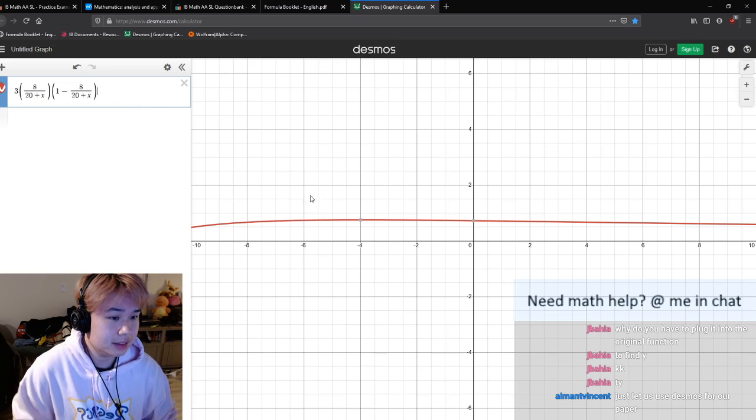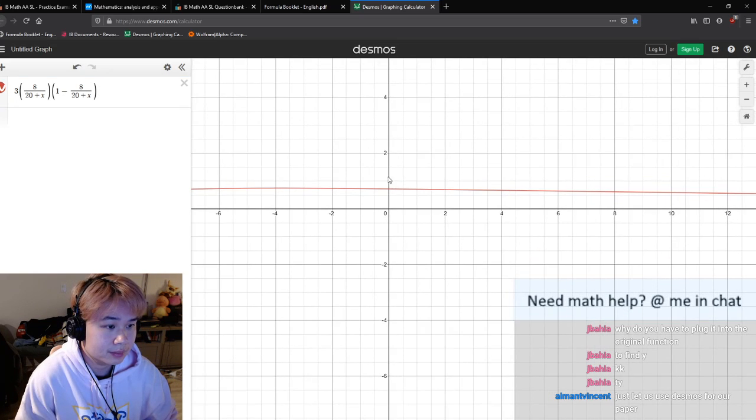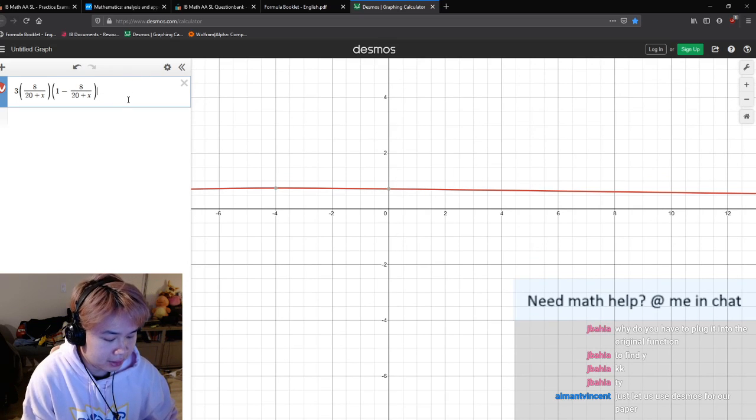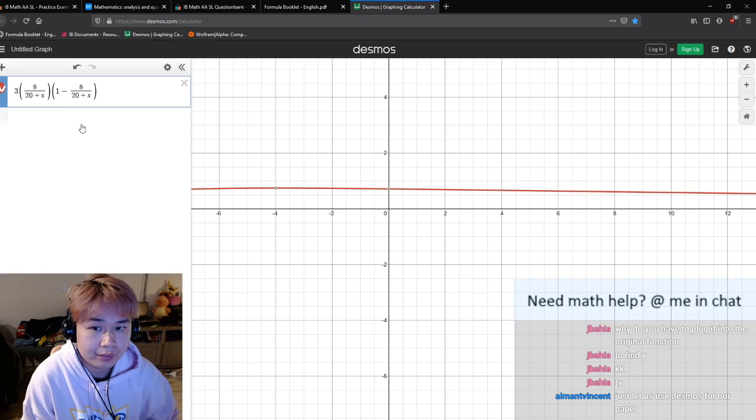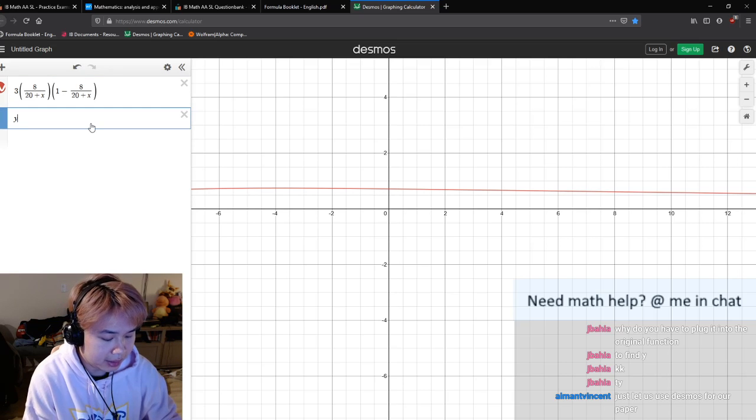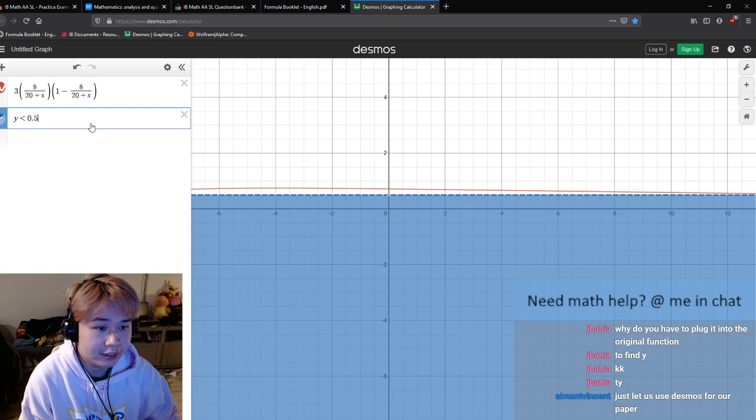I wish I could let you guys use Desmos, it'd be way better. Okay, so I want to find out when this is less than 0.5. Oh, it doesn't let me do that. Okay. So y is less than 0.5.